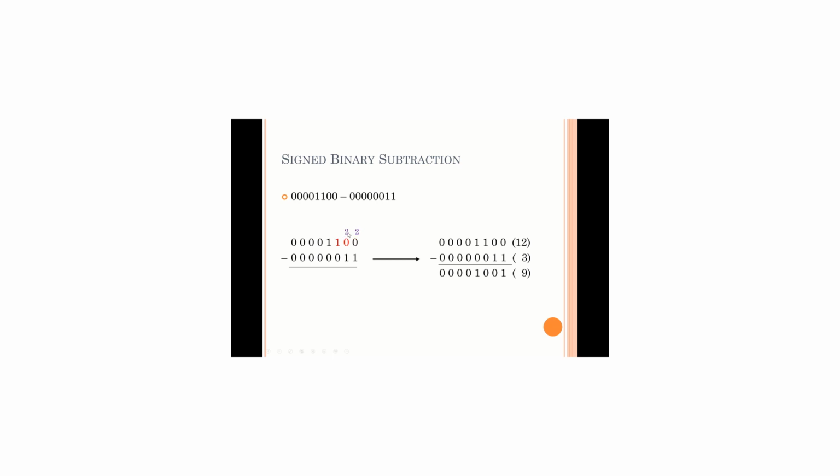And then because you borrowed 1 and you still have 1 left, 1 minus 1, you get 0. And then this one is gone, so you get 0. And then 1 minus 0 is 1. So this is pretty straightforward, right? This is the same as what we have done before, binary subtraction.